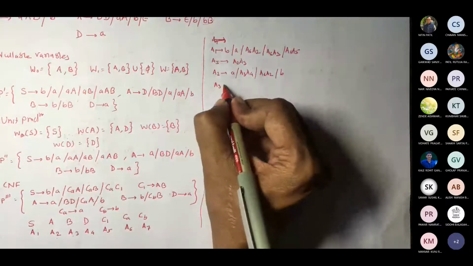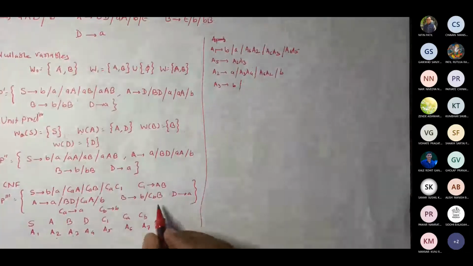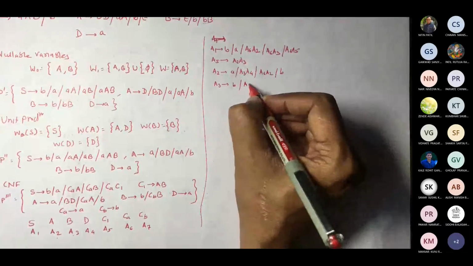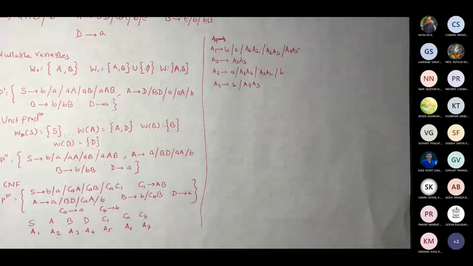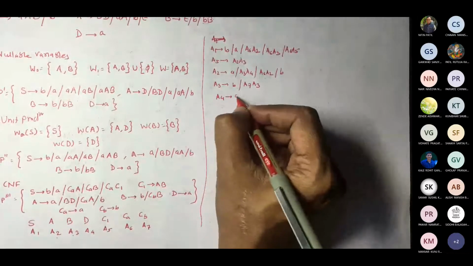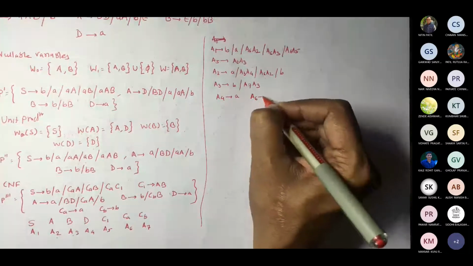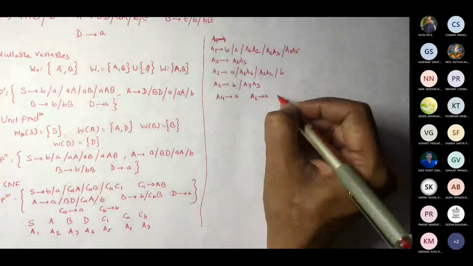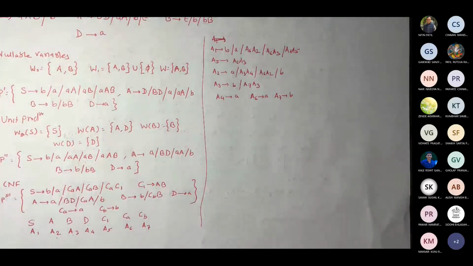Now A3 is B. CBB, so A7, A3. Correct? D gives A. A4 gives A. CA gives A. A6 gives A. CB gives B. A7 gives B.